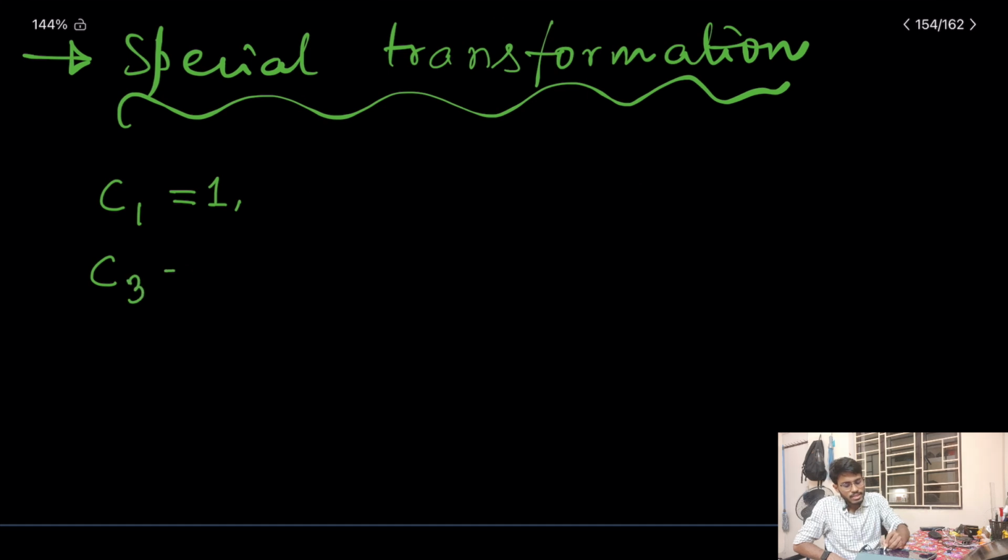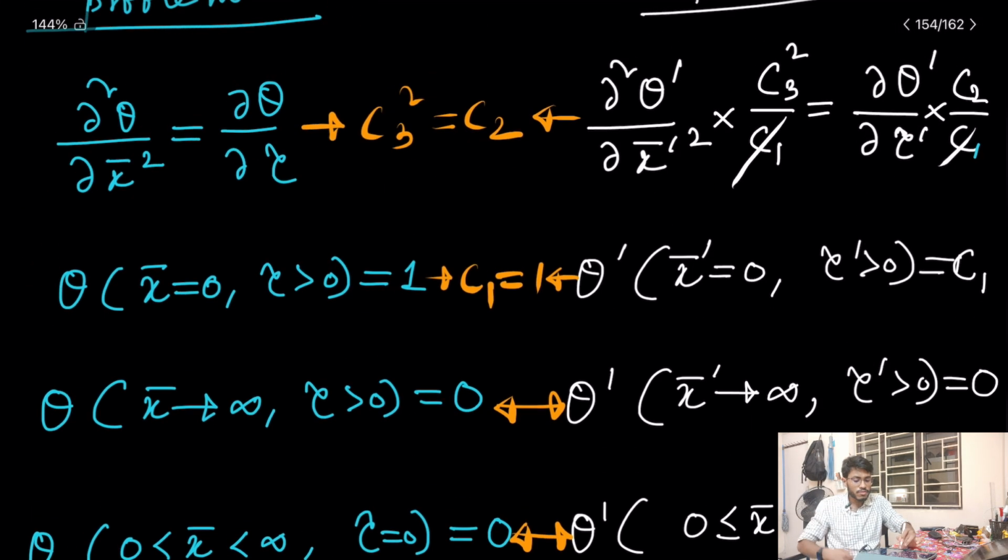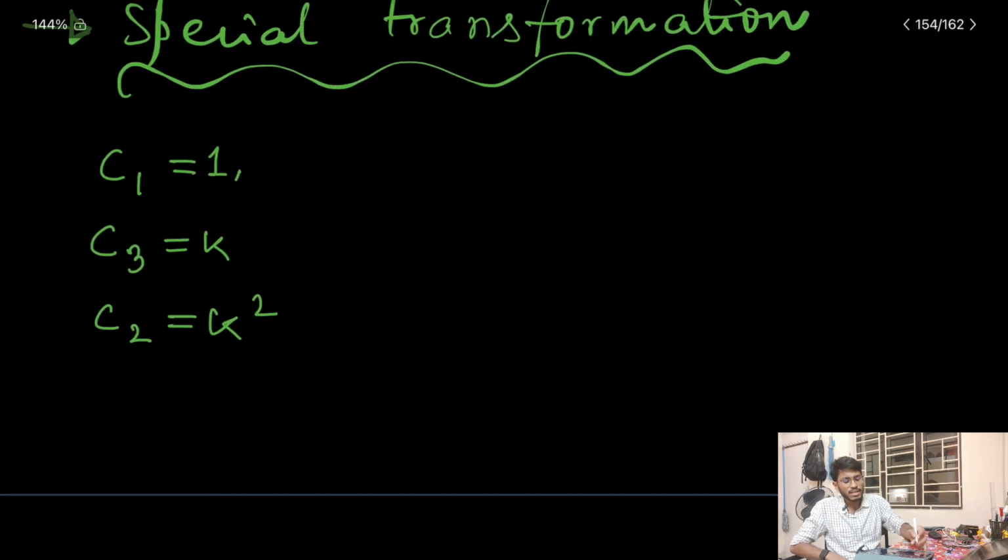So I will take C3 equal to K and C2 equal to K square. Then I am having C3 square equal to C2. Clear? Or I could have taken C2 equal to K and C3 equal to root K. Okay, I can have any one of them.